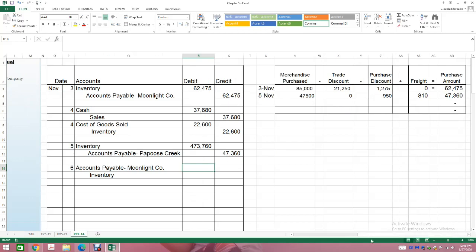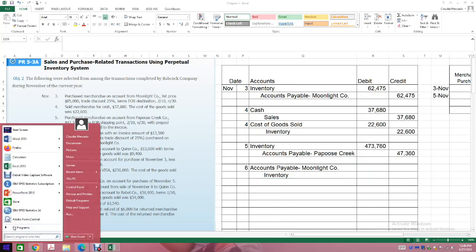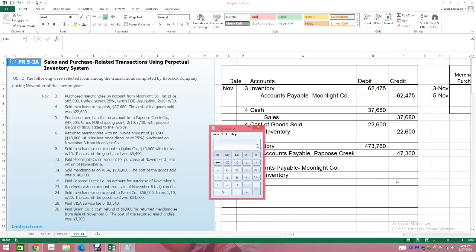In order to do that, I'm going to get my $13,500 and multiply it by my 2% discount, which is $270. Then I'm going to subtract it.